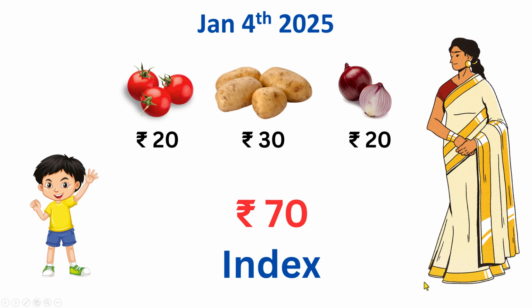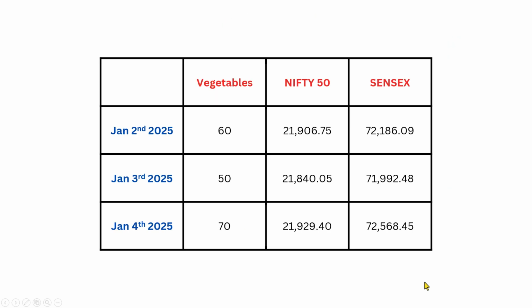Now, here is a table. Vegetables in this column, and I have something here in this column and something here in this column. On January 2nd, 3rd and 4th, the price of vegetables was 60 rupees, 50 rupees and 70 rupees respectively.